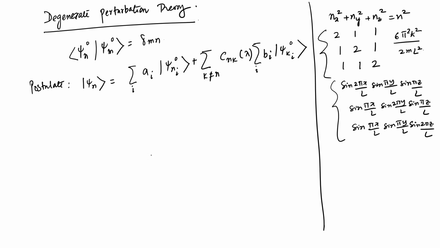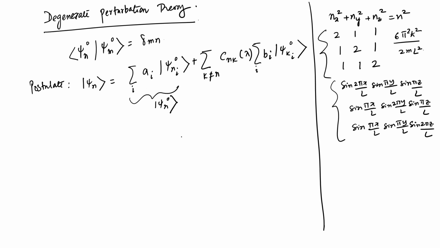And so, what we have done is that we have gone from a psi n 0, which was written earlier, to the sum over I, a I psi n I 0. These are still the degenerate eigenfunctions corresponding to the eigenvalue, say lambda I, and that is why there is a sum over I and a I.